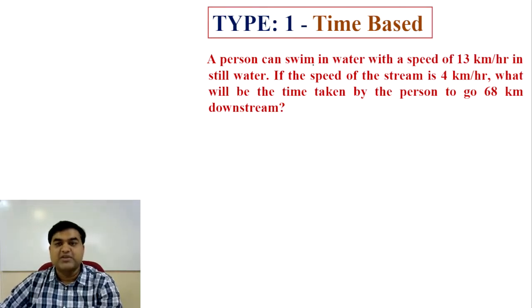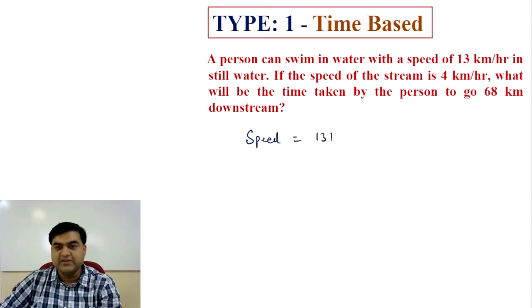A person can swim with a speed of 13 km per hour in still water. What is given? In still water, right? So the speed in still water is given, so we will simply write speed as 13 km per hour.